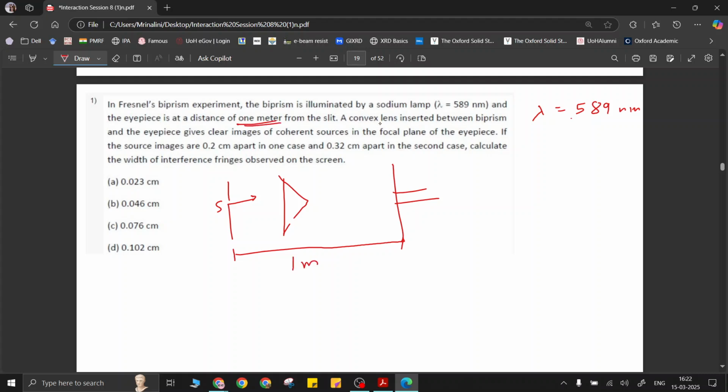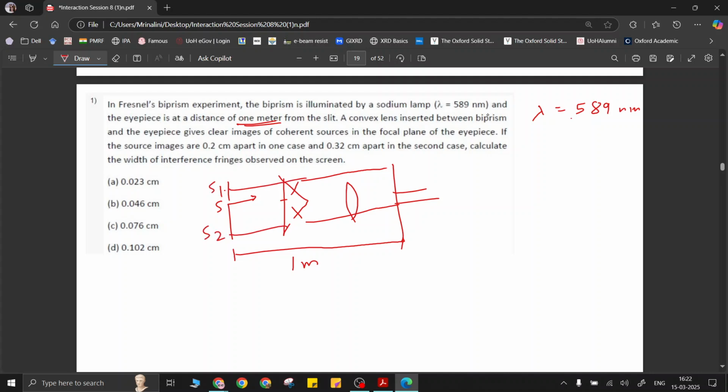A convex lens is inserted between the biprism and the eyepiece. Here we are introducing a convex lens to give a clear image of the coherent sources. The light refracts from here, and we see it as if it is coming from sources S1 and S2.